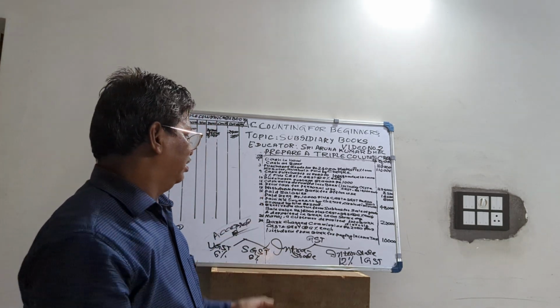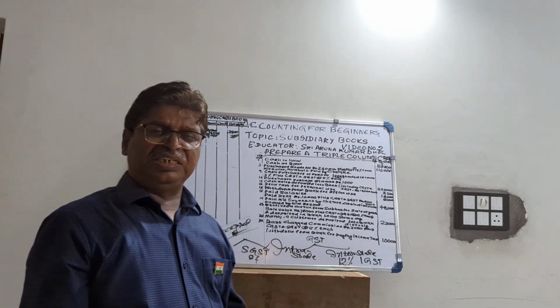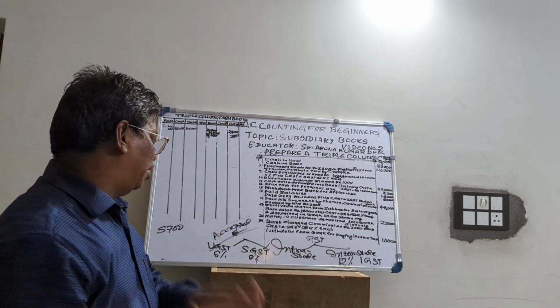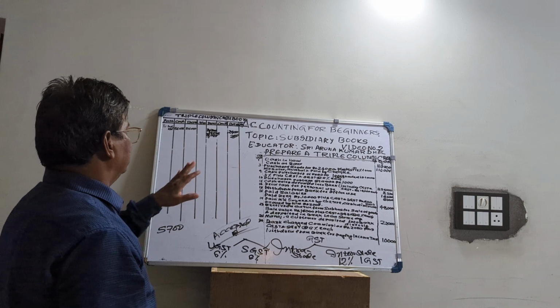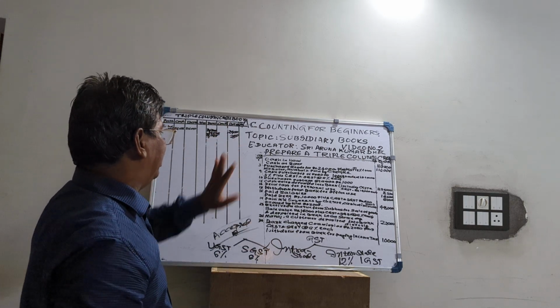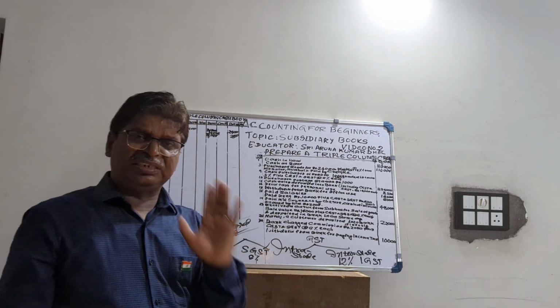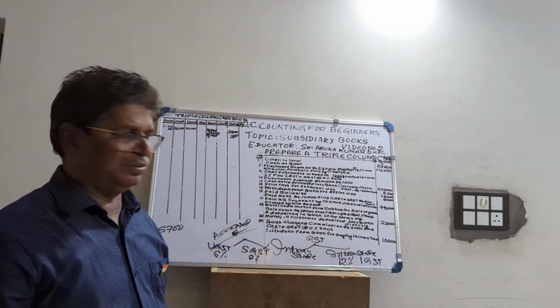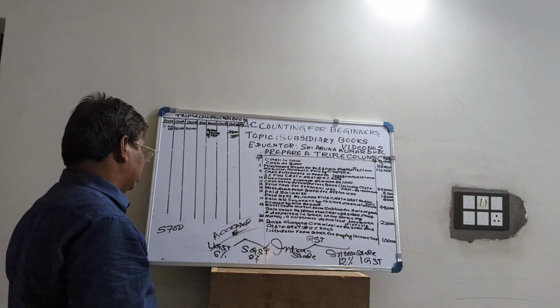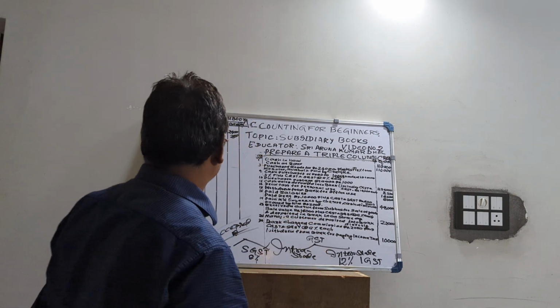It may be CGST or SGST or IGST. In case of purchase, it is known as input IGST. This is input IGST 2,880. At the time of sale, it is output GST. Output CGST or output SGST or output IGST.